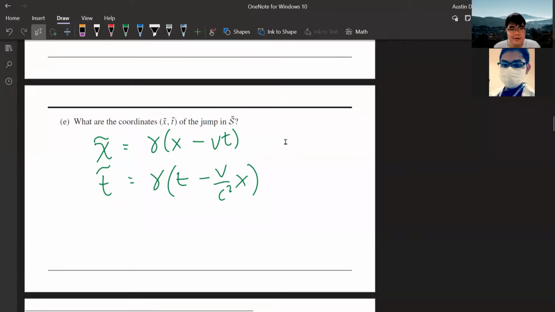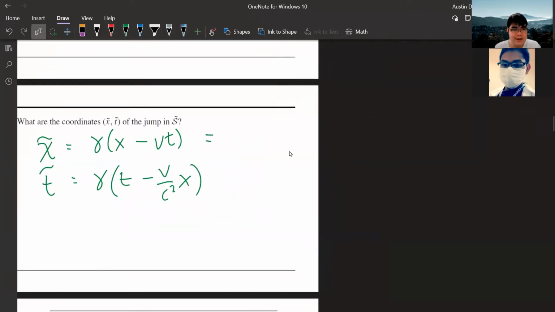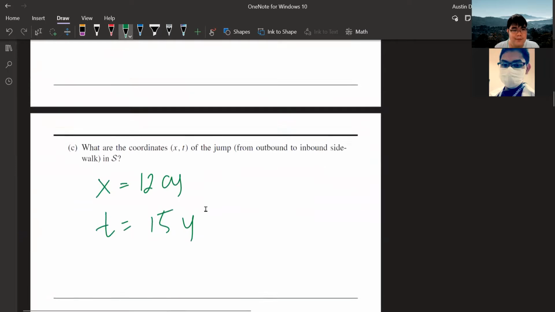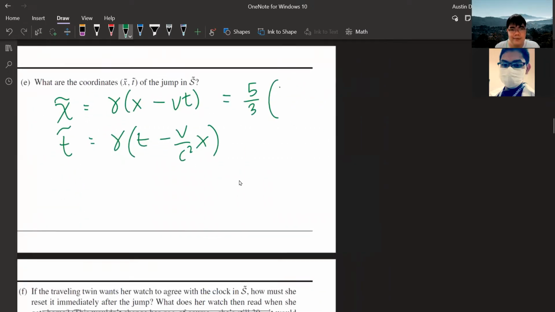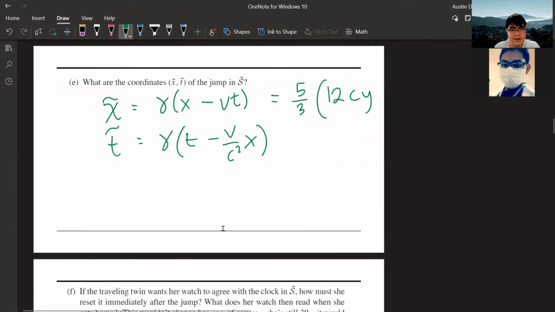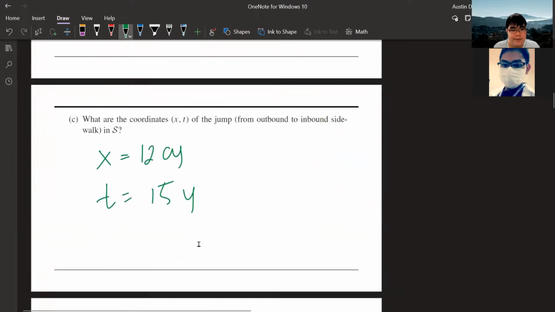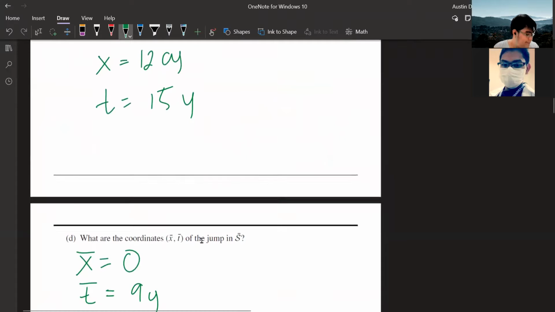Okay? So, plug in natin yung mga bagay, gamma, and then, ano coordinates ng jump? Sige, plug in na natin yung mga bagay. 5/3, ito yung gamma. Then, yung x, 12 cy, and then 15y yung isa.